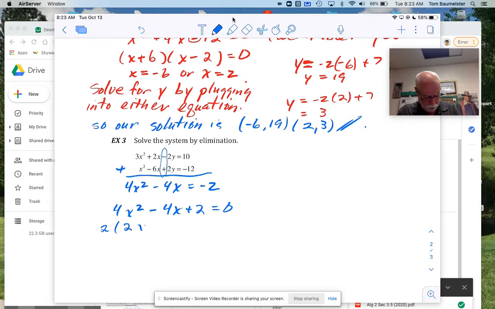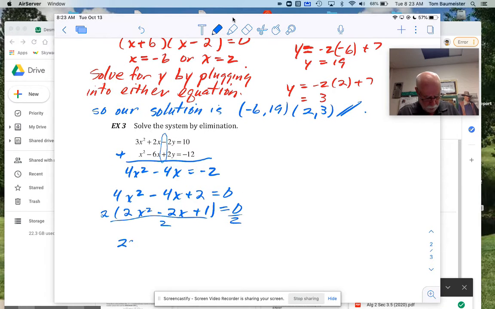So that'll give me 2x squared minus 2x plus 1 is equal to 0. And again, if I divide both sides by 2, the 2s go away. Once you get it set up in standard form, you ask yourself, is it factorable?